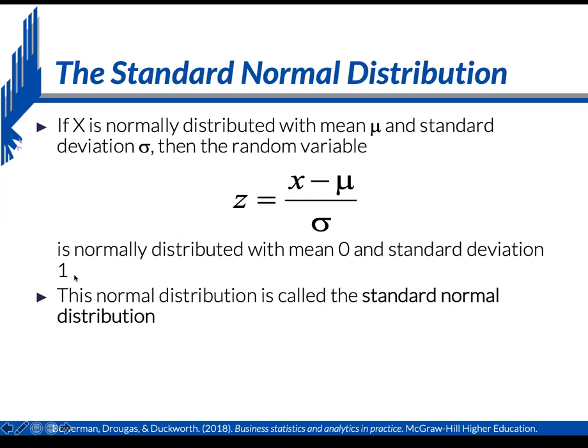And whatever the normal distribution is, once it is converted to the z or the standard normal distribution, then we can use a simpler way in order to get probabilities for any interval.